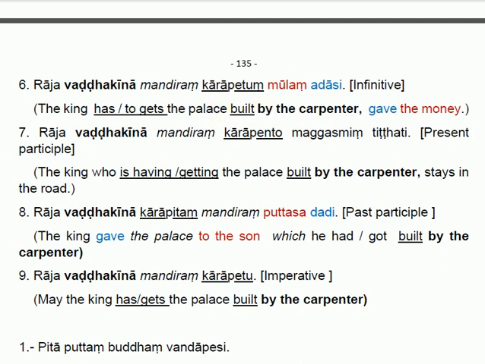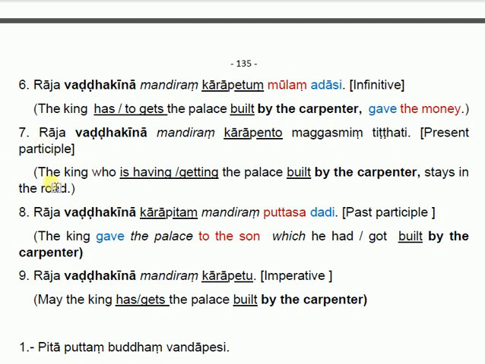And then here number 7, Raja Vaddakina mandirang karapento maggasming tittati. Here present participle. Karapento. The king who is having the palace built, or the king who is getting the palace built by the carpenter, stays in the road.